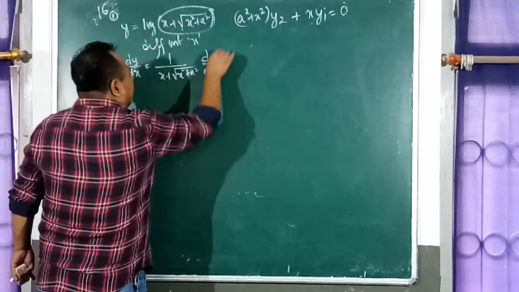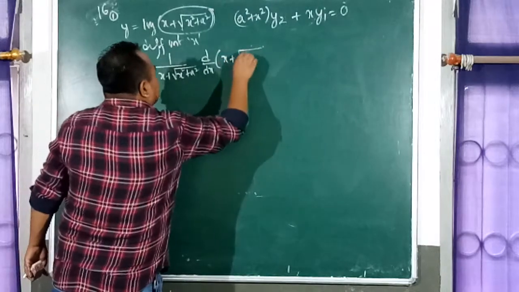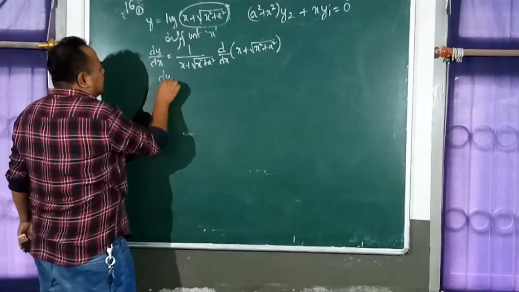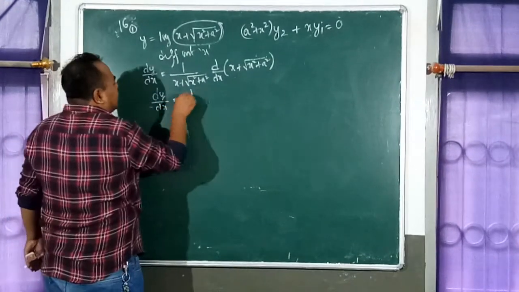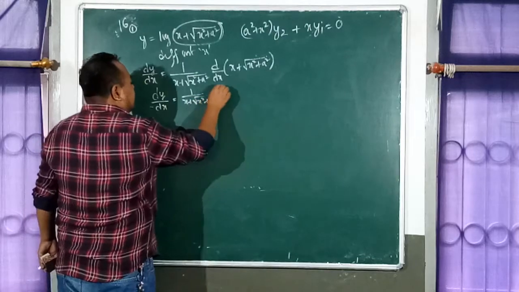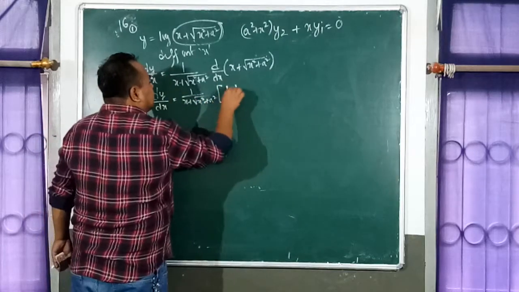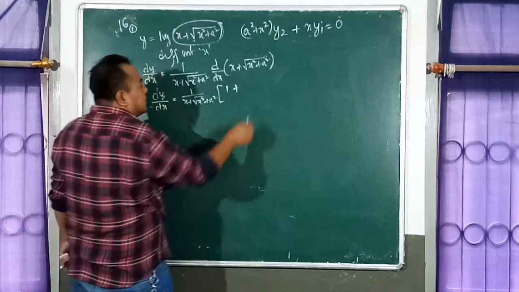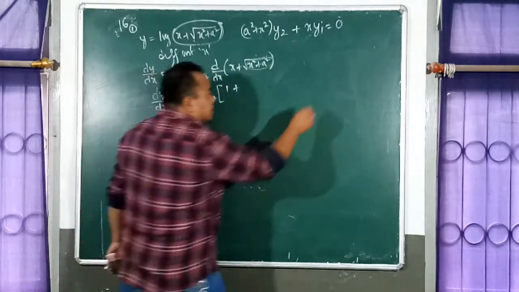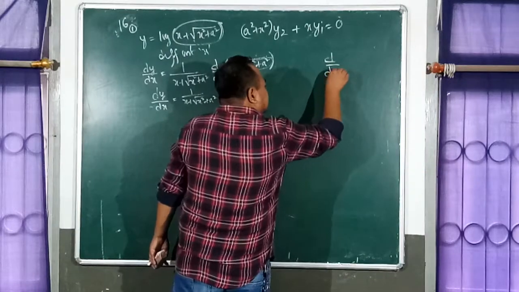So d by dx of x plus under root x square plus a square. So next dy by dx as it is 1 divided by x plus under root x square plus a square. Differentiation of x is 1 plus, again, is the standard of composite. Root should always be with x because the differentiation of root x is, what's the differentiation of root x?